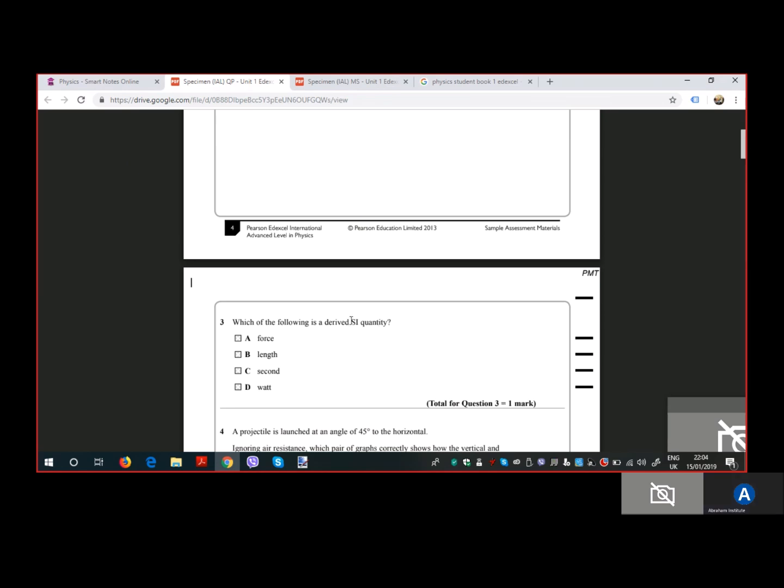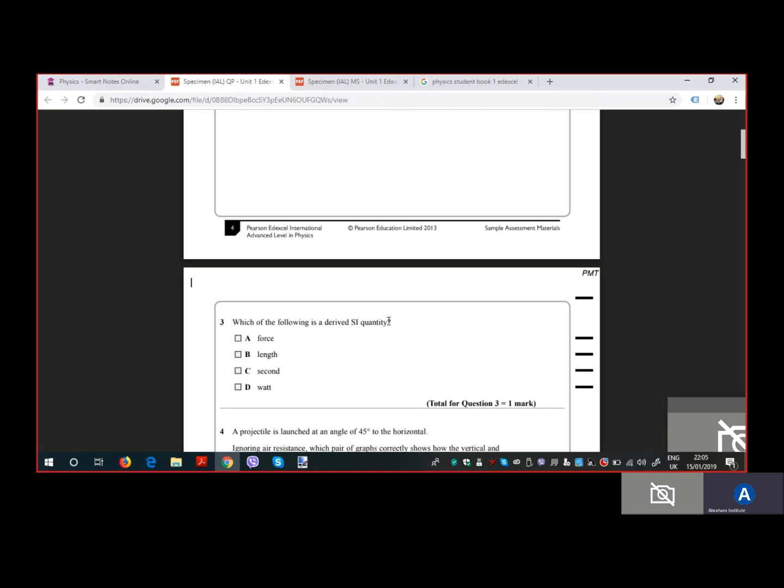Force. Now see, read the question carefully. What are they saying? Does it say SI unit or SI quantity? Do you see this word here? It says quantity. It doesn't say unit.